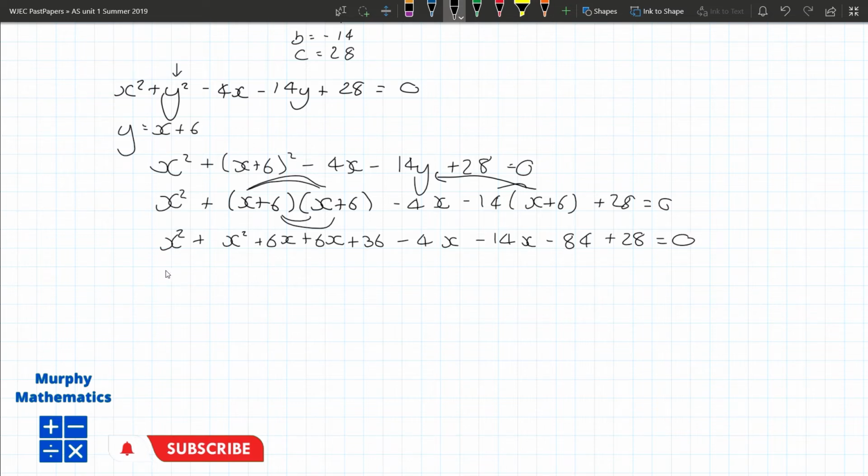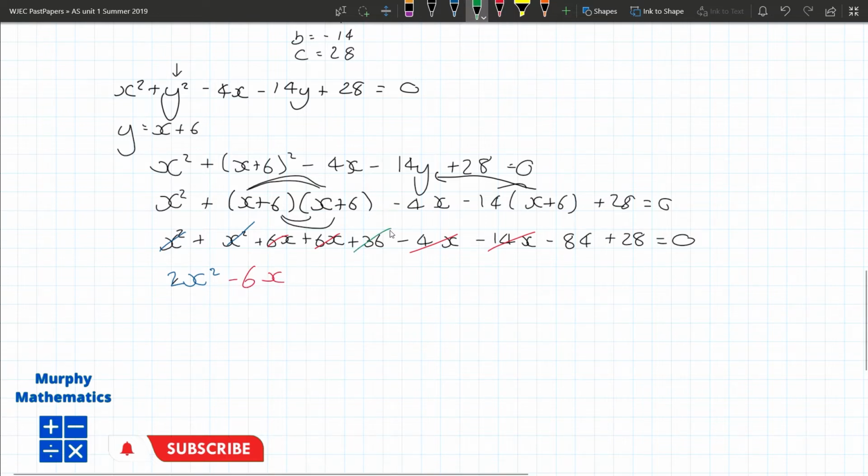So collecting like terms, x squared plus x squared gives me 2x squared. I have 6x plus 6x, so 12x, minus 4x, so 8x, minus 14x, so I've got minus 6x, and that's all my x's.